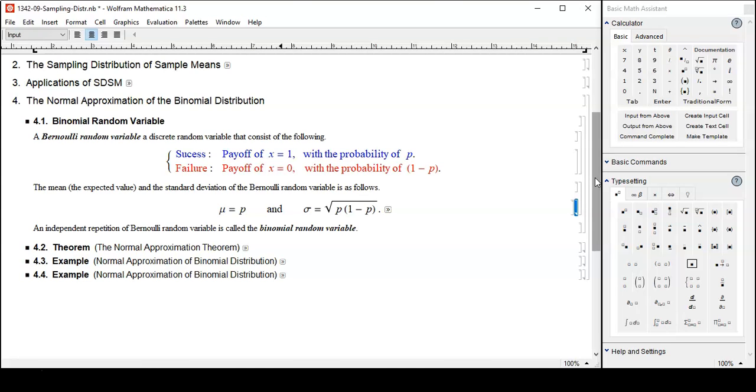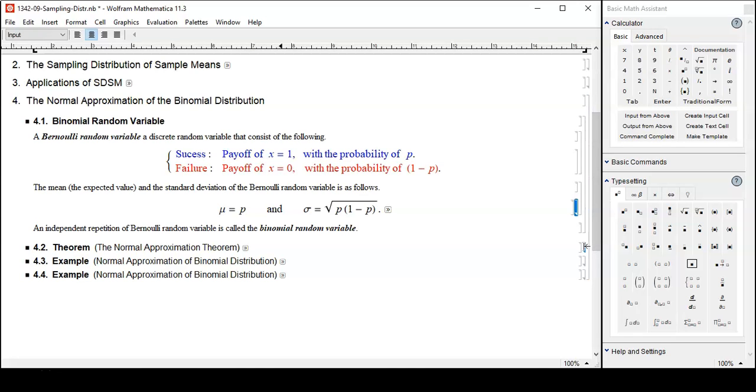Now, if I repeat it 1,000 times, 2,000 times, that's going to become the binomial random variable. So do it once, that's Bernoulli, and do it multiple times, that's binomial. Multiple times independently. Independence is actually a key.